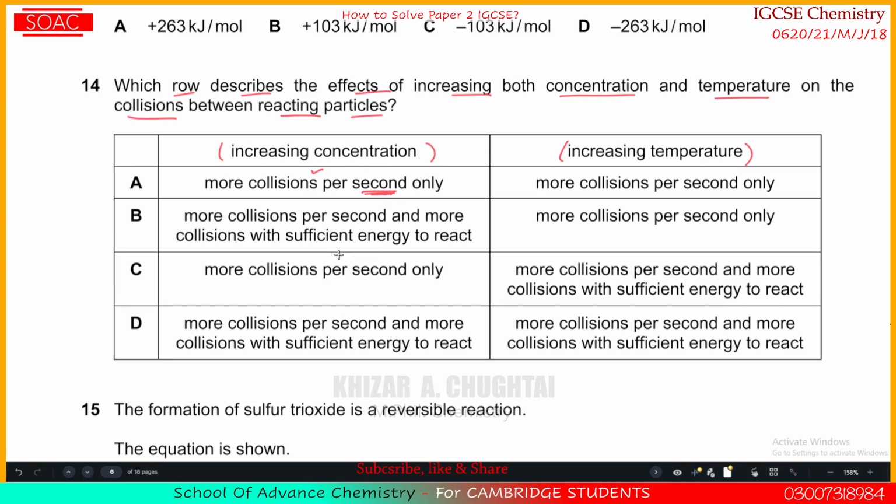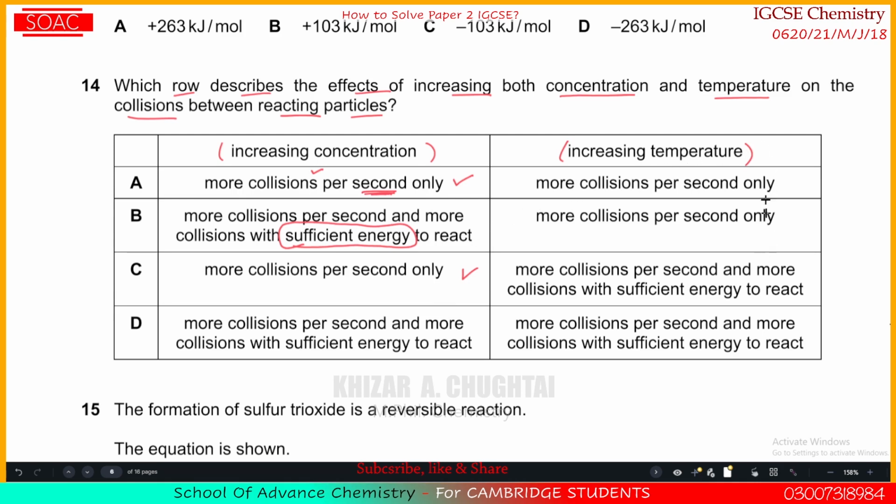With increasing concentration, there is no change in the energy of collisions. So in this column, A may be the correct option or C may be the correct option.